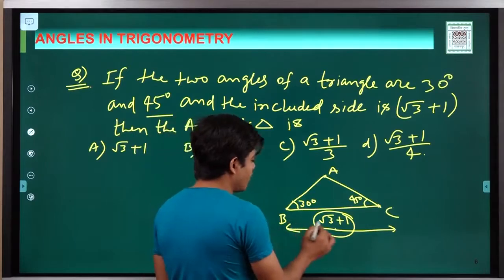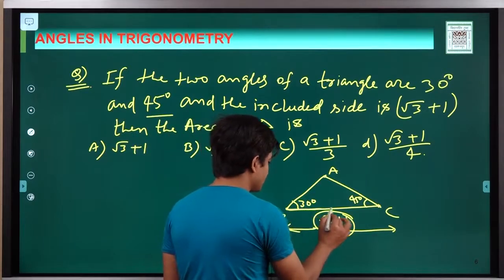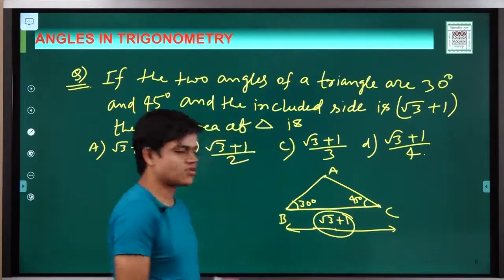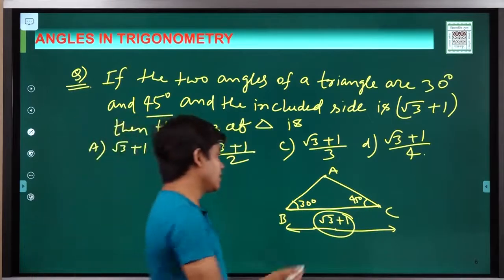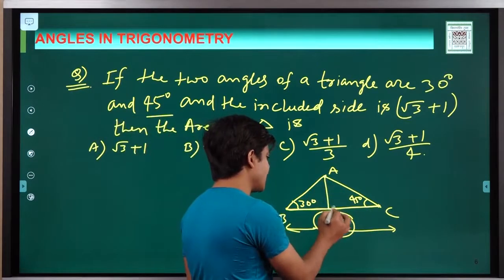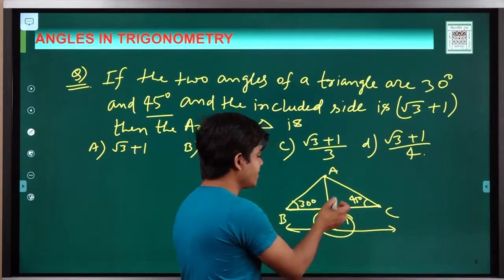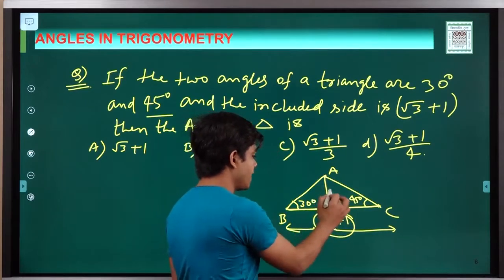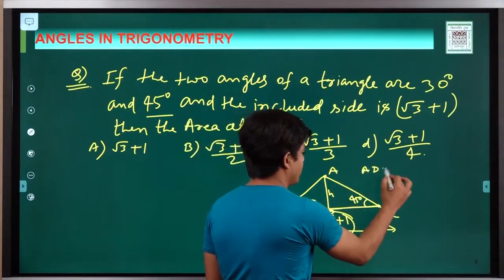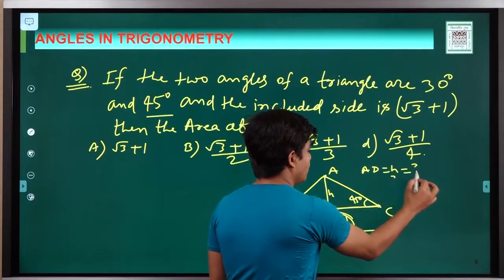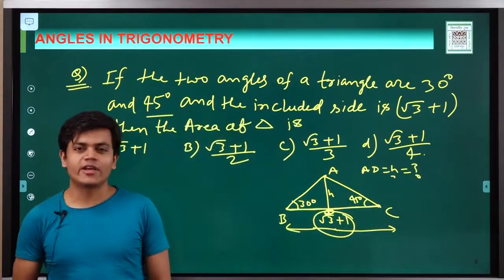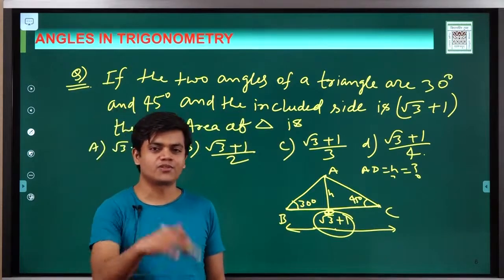So to find the area of this triangle, we have the base BC, which is root 3 plus 1. If we are able to find this height AD, call it D, and AD equals H, then we can easily find the area of the triangle, 1 by 2 into base into height.